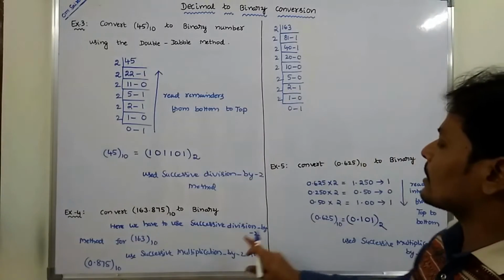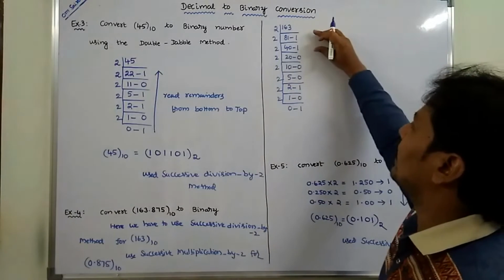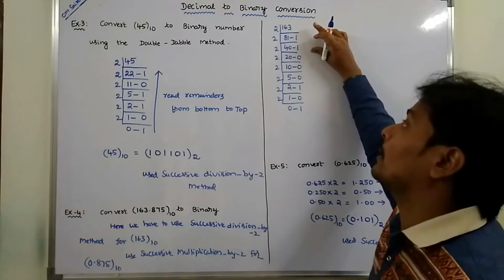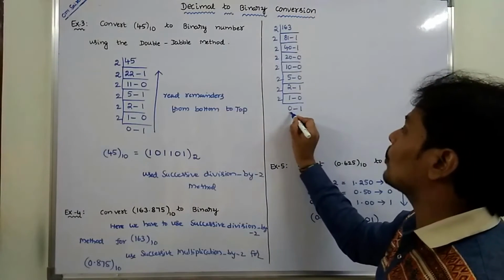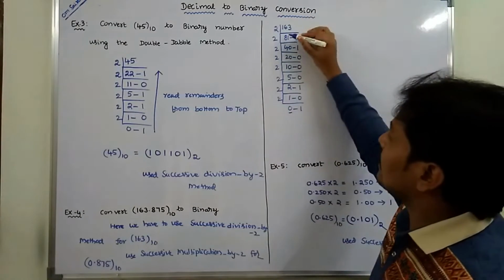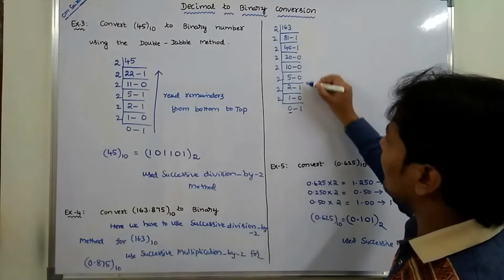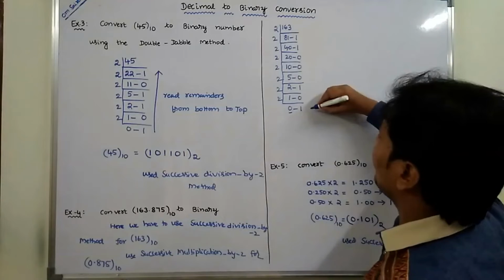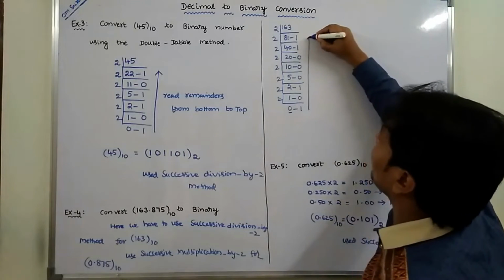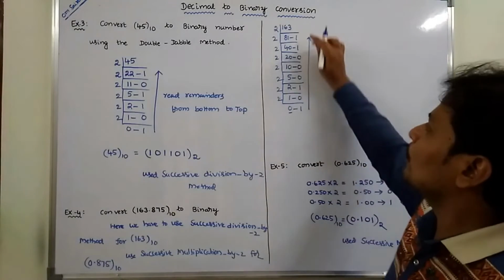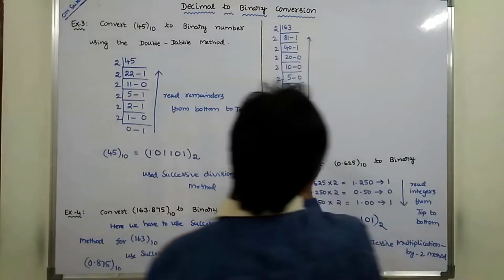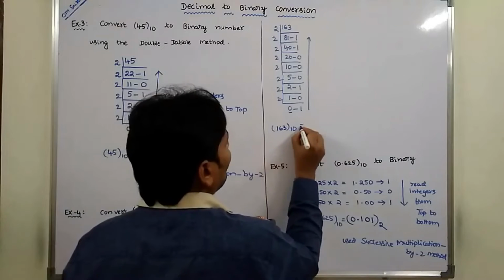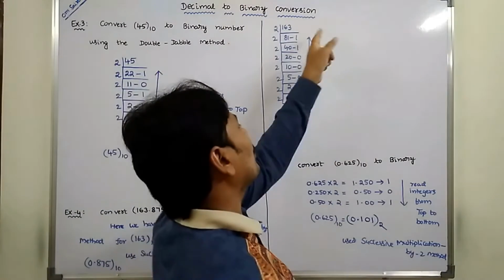In the successive division by 2 method, we divide the given decimal integer number by 2 until the quotient is 0. These are the quotients and these are the remainders. Whenever the quotient 0 is obtained, we read the remainders from bottom to top.